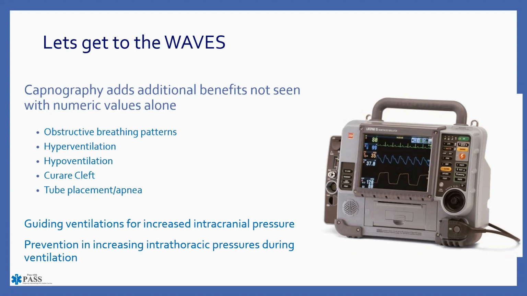So some of the things that you may be able to look at with your waveform and determine pretty rapidly and with a fair amount of accuracy is obstructive breathing patterns. So we'll look at that. Hyperventilation, hypoventilation, something called a curare cleft, and then tube placement or apnea.